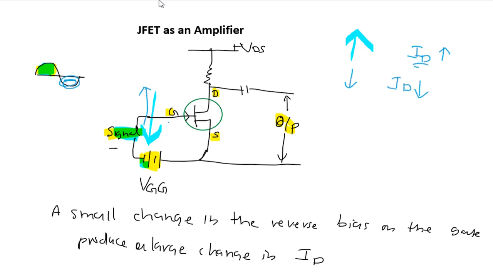And this large variation in the drain current produces a large output across the load resistance RL. And this is how a JFET will work as an amplifier.